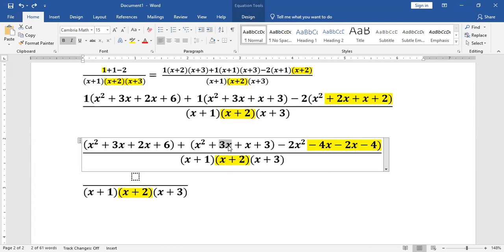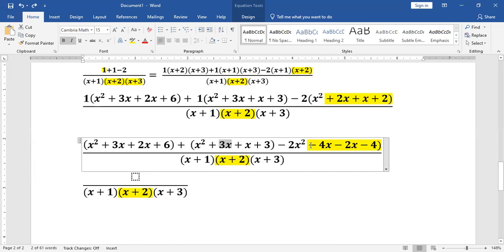Somewhere there's a mistake. Okay, let me double check quickly. 3x plus 2x, that's 5x, plus 3x again, that's 8x, plus x, that is 9x, minus 4x, that is 5x, minus 2x, that is 3x.